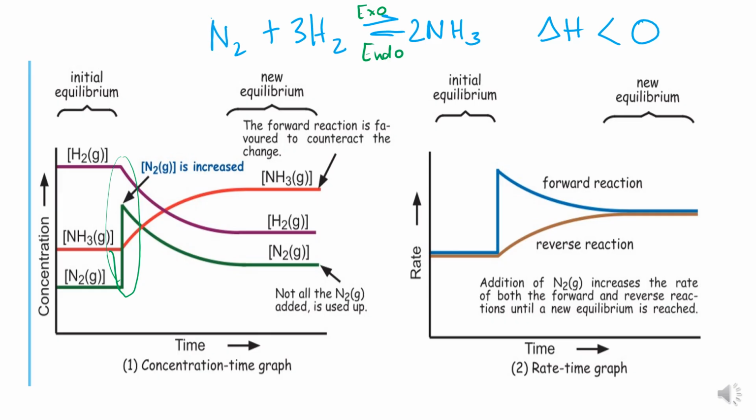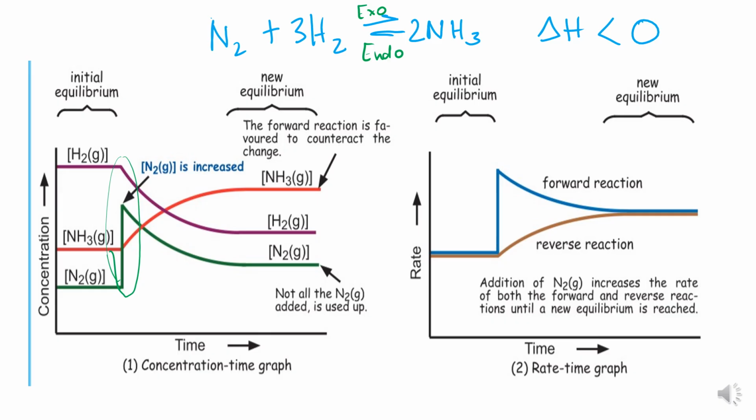So when you have that one sharp increase in either the reactants or the products, it means the concentration of the N2 was increased, right? And when that concentration of N2 was increased, that's a disturbance.